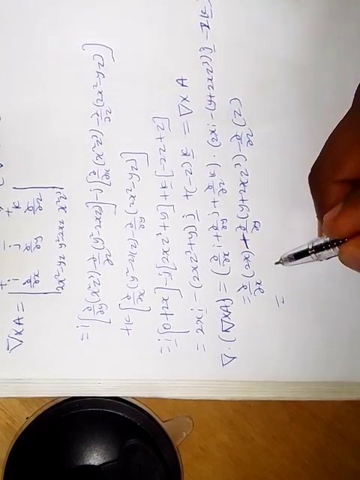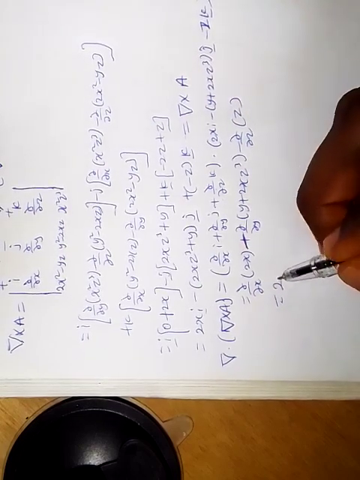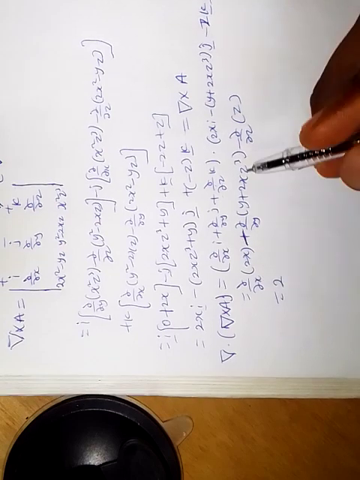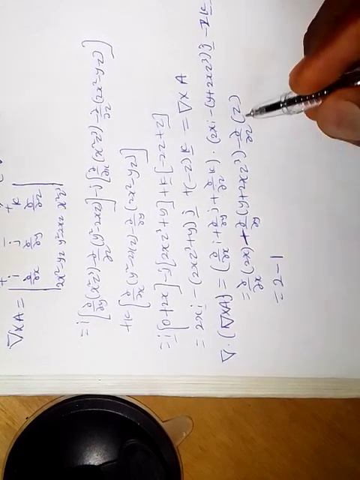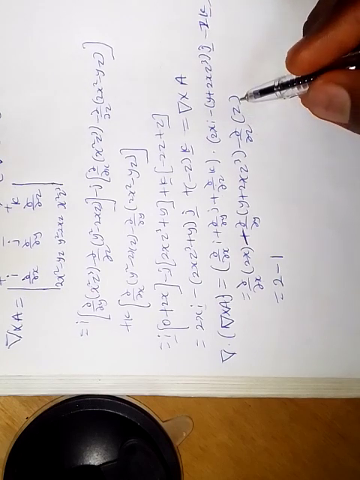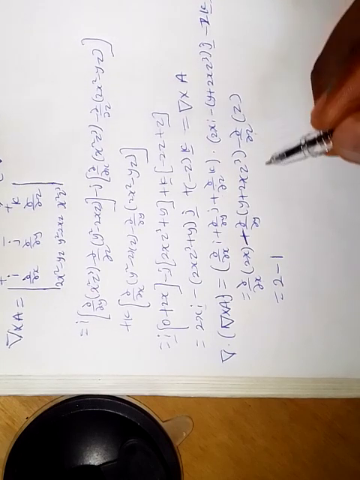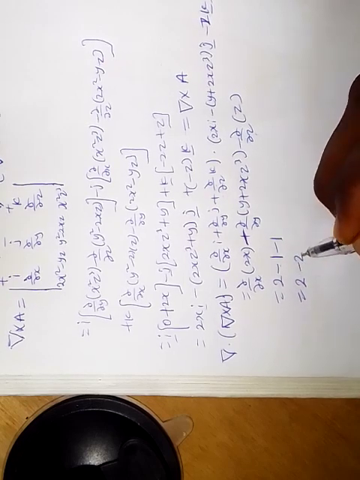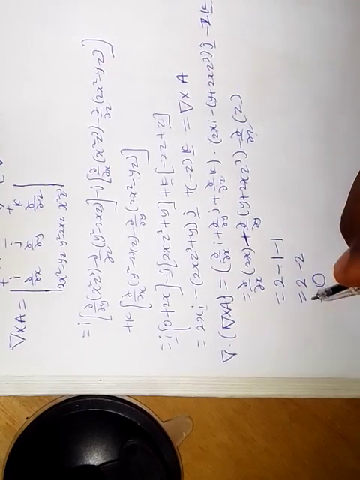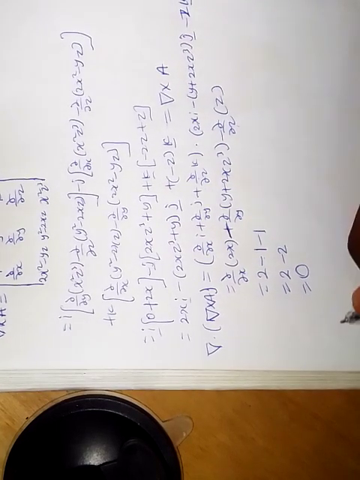Now we differentiate. Here we have 2 when we differentiate with respect to x. When we differentiate with respect to y, we have minus 1 here. Likewise, when we differentiate with respect to z, we obtain minus 1, in which we have 2 minus 2 equals 0.